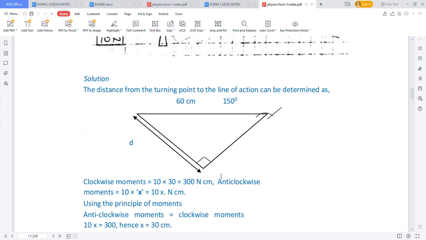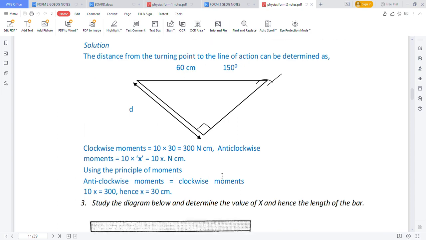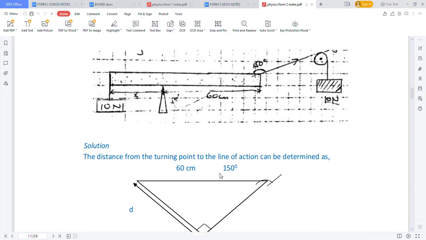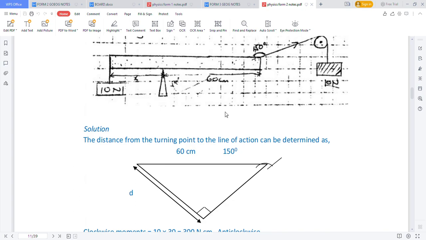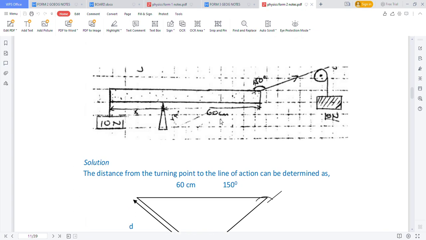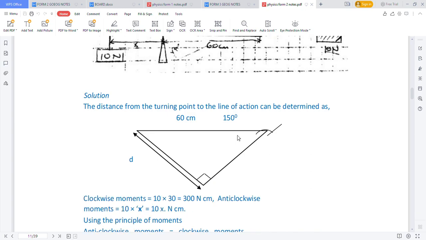The distance from the turning point to the line of action can be determined. For the clockwise moment, you have 10 Newton, x is the distance, then you have 60 centimeters, then you have an angle here of 150, then you have a force of 10 Newton.